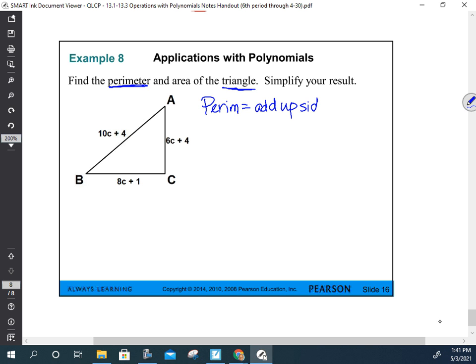There is no nice formula for perimeter for a triangle. So 10c plus 4 plus 6c plus 4 plus 8c plus 1. There is no nice cheap formula.